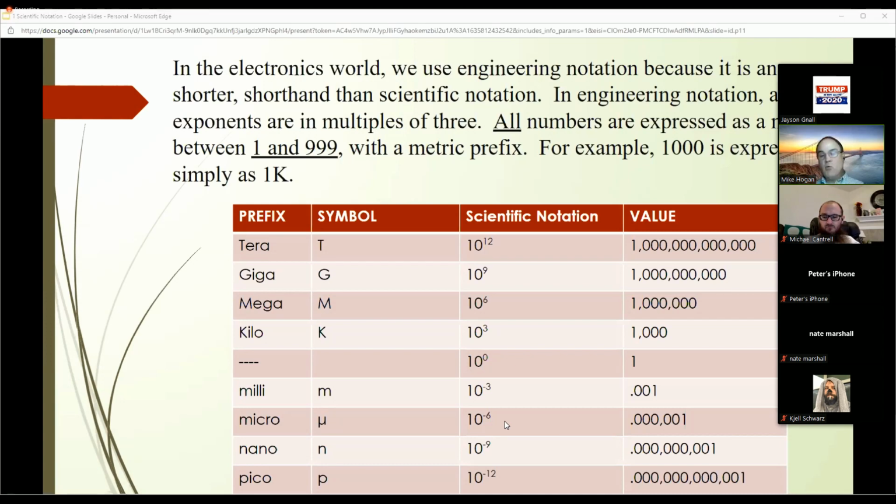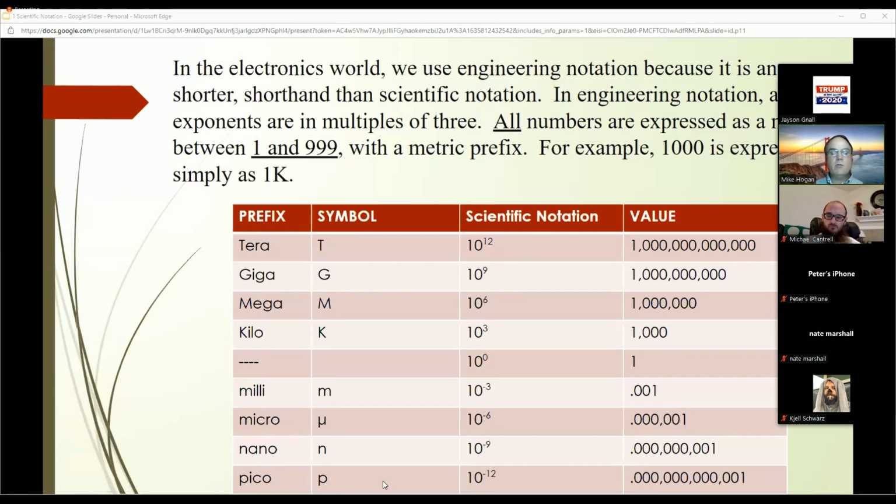And so we may have to move it 6 so that instead of 0.4, we get 47 or 470. But it's going to be a multiple of 3, right? And we're going to stick to this notion of multiples of 3 so that we are working with kilo, mega, giga, tera, or micro, milli, nano, and pico.